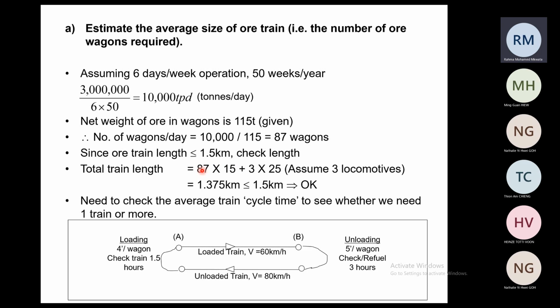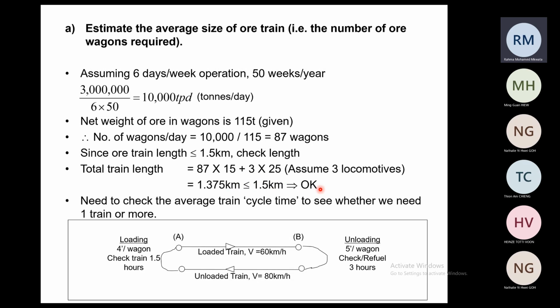So 87 wagons, one wagon is 15, plus this number 3, which is just an assumed value. For example, we want to use 3 locomotives. It could be 2, 3, 4, or any other number. This will be determined in part B. But at this point, we just assume 3 locomotives, and every locomotive is 25 meters each. If you total up, it will be 1.375 kilometers, which is less than the 1.5 kilometers given, so definitely it's okay.